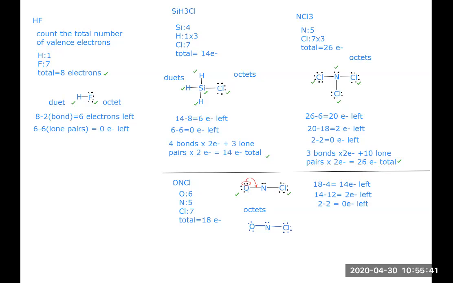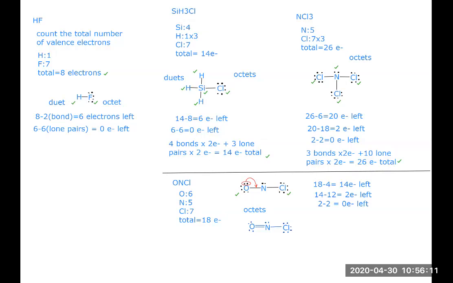So we have a double bond now. And if we think about the common bonding patterns, it's natural for oxygen to have a double bond. And it's also a common pattern for nitrogen to make 3 bonds and have a lone pair. And it's common for chlorine to have 3 lone pairs and 1 single bond. So they are all bonding in their common ways.